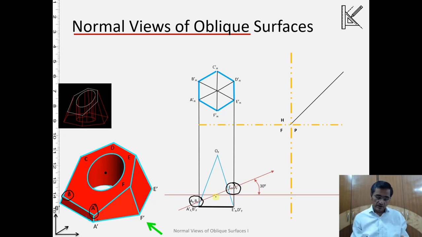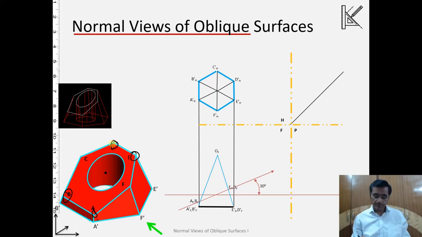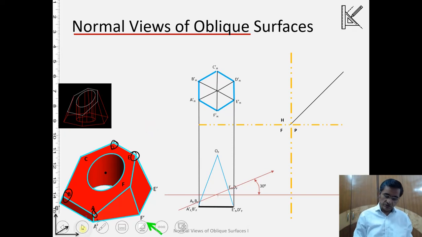That's why A, B and E, D are coming as single points. So what we have in our frontal projection are the given points A, B, D and E. Corresponding to this, I can draw the projectors to the horizontal and locate those points there.